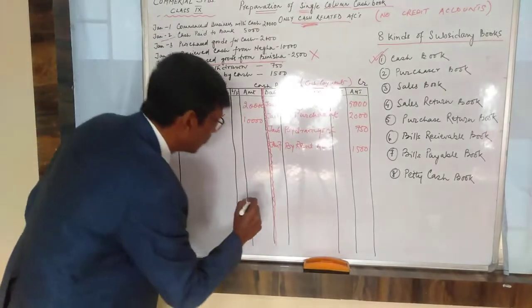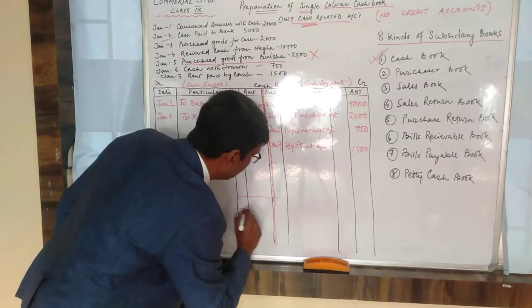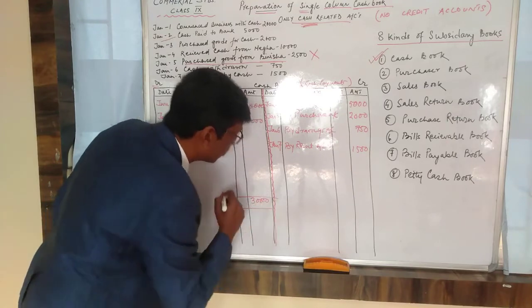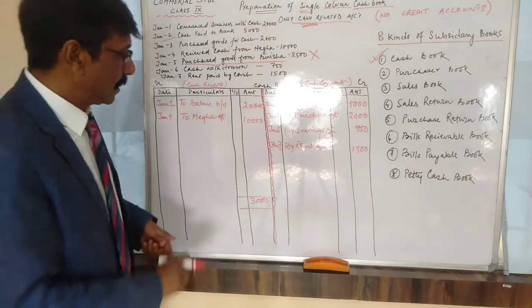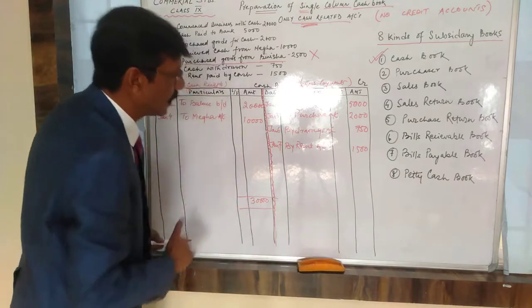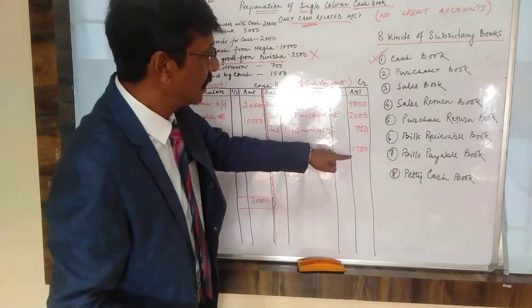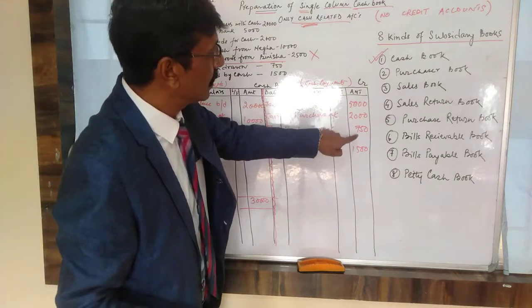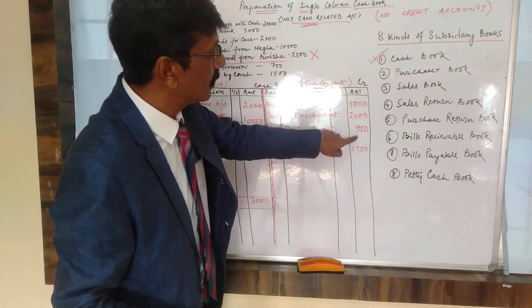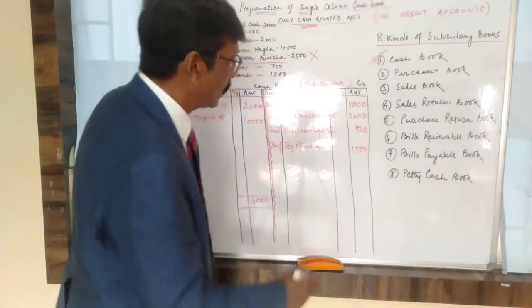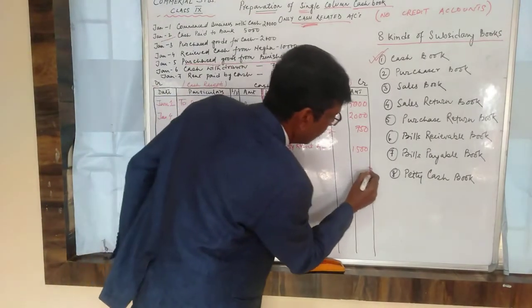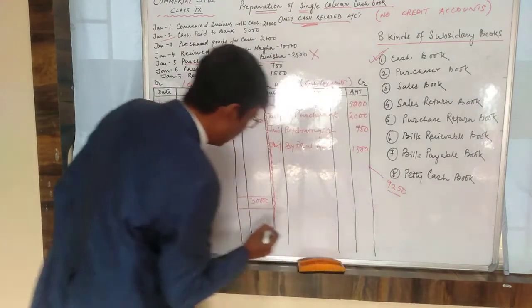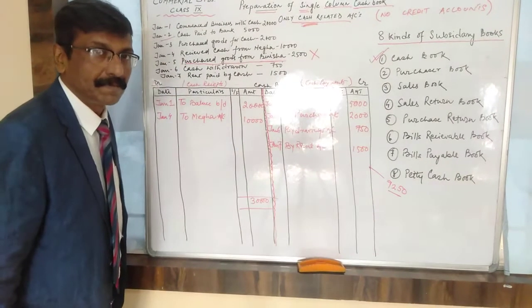Now we will total this. Once we total this, this is coming to 30,000. But here it is coming to 9,250 total.